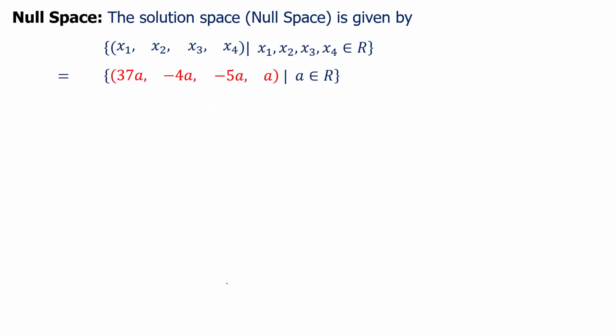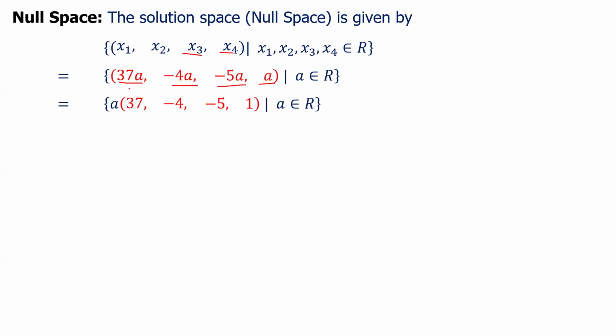Now we are able to say what the null space is. The solution space or null space is given by x1, x2, x3, x4 such that x1, x2, x3, x4 belong to the real numbers. What is the value of x1? x1 is 37a, x2 is minus 4a, x3 is minus 5a, and x4 is equal to a.